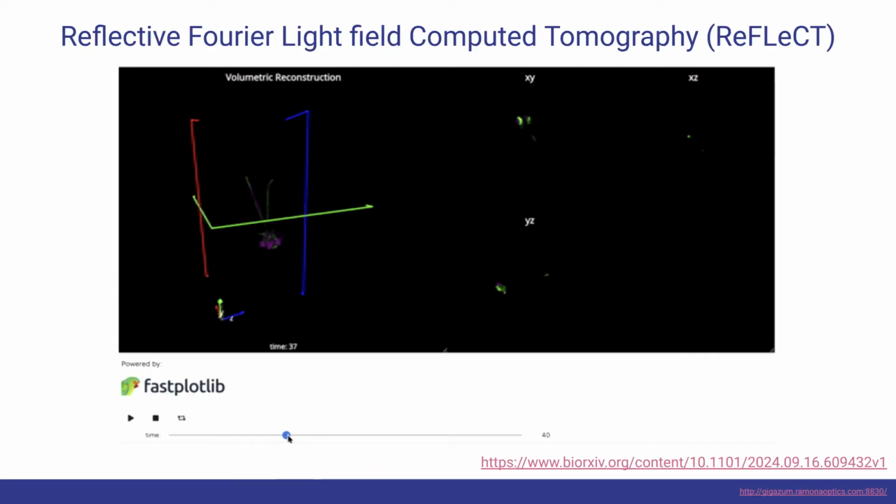Okay, and a last example is fastplotlib will work as both a desktop application, but you can also use it to create web apps with the exact same code, and that's what this demonstrates.